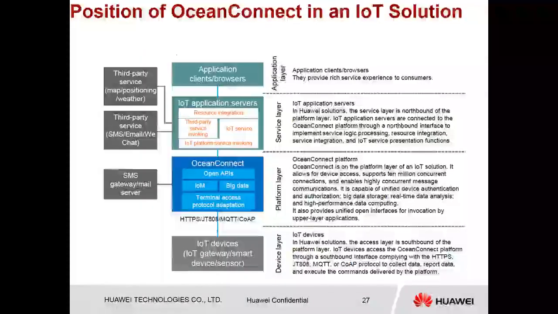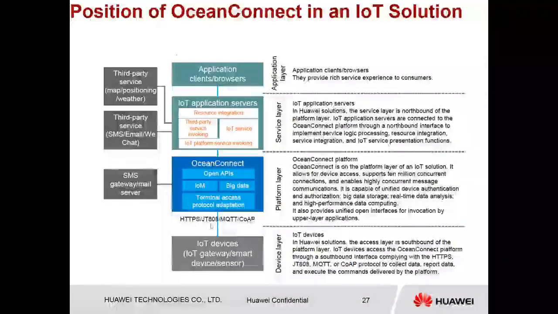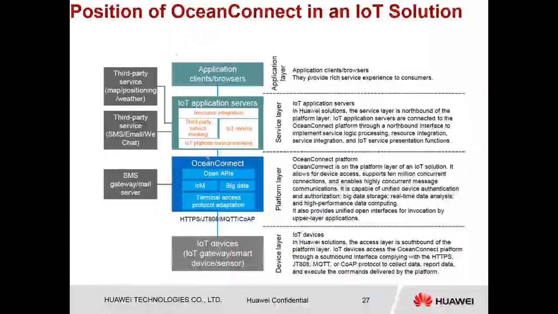Different kinds of devices use different protocols: HTTPS, JT808, MQTT, CoAP. For example, for the internet of vehicles, we always use the JT808 protocol.